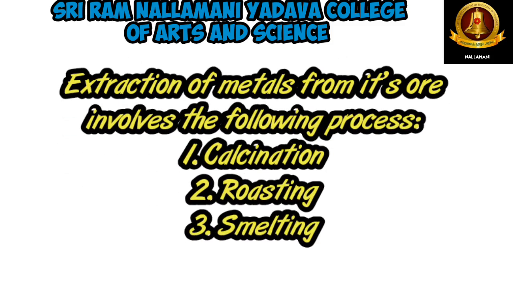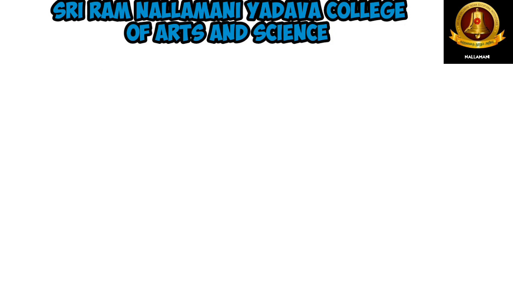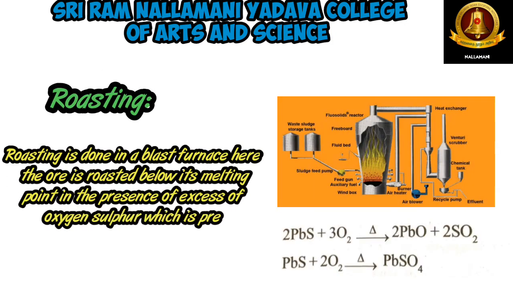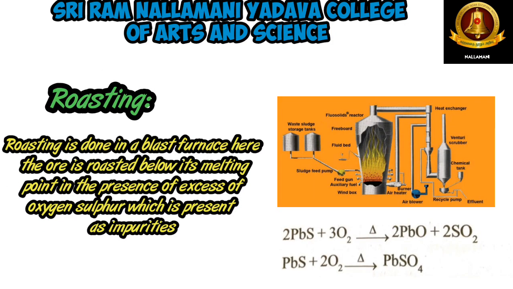Extraction of metals from their ores involves the following processes. First one, calcination. Second one, roasting. The last one, smelting. Roasting is done in a blast furnace. Here, the ore is roasted below its melting point in the presence of excess oxygen.